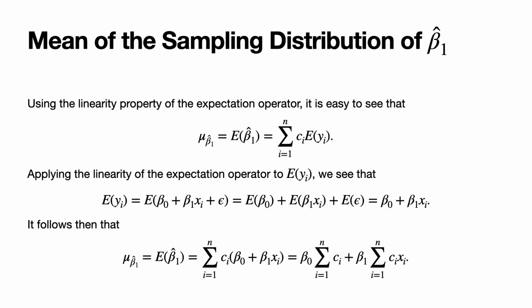And by the linearity property of the expectation operator, that's equal to the sum i going from 1 to n of the product of c sub i times the expected value of y sub i.